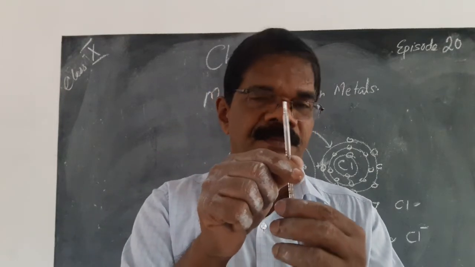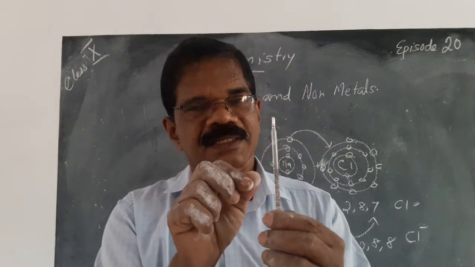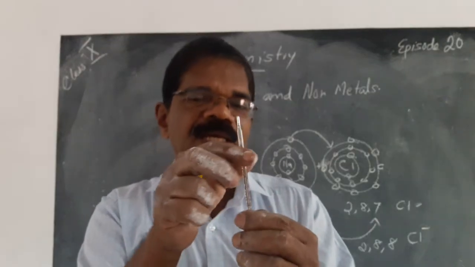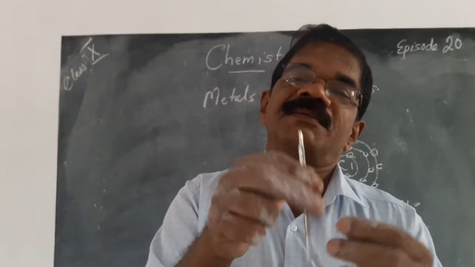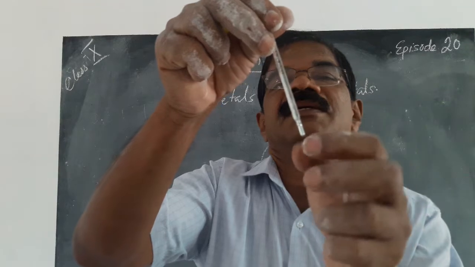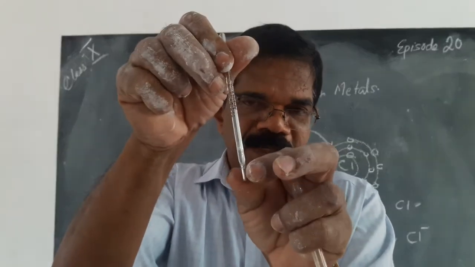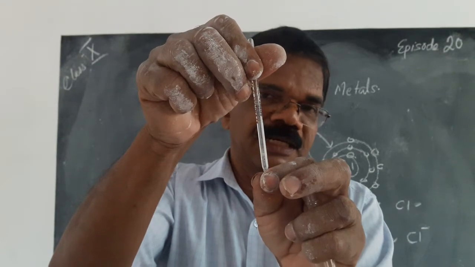Mercury is the only liquid metal, the only metal in the liquid state. When measuring, you place the thermometer here and this metal expands.